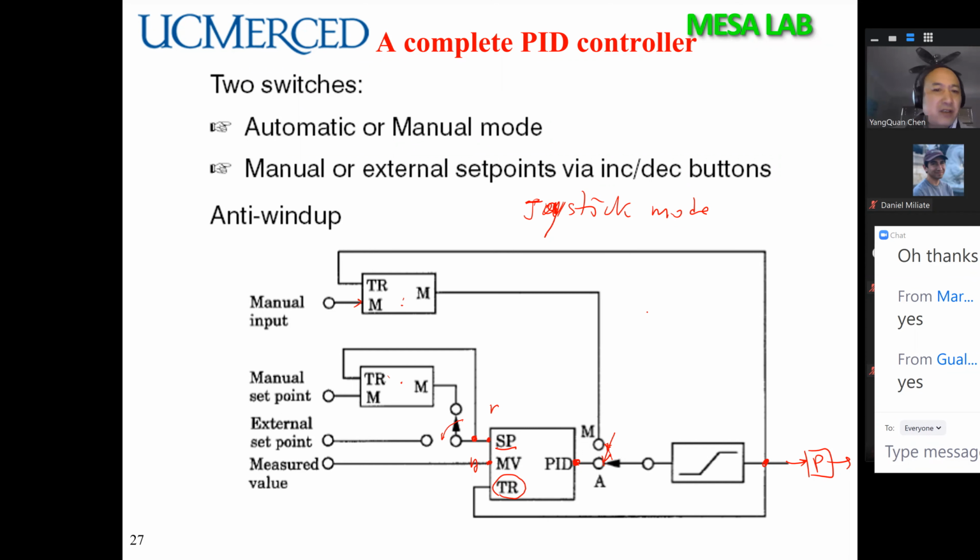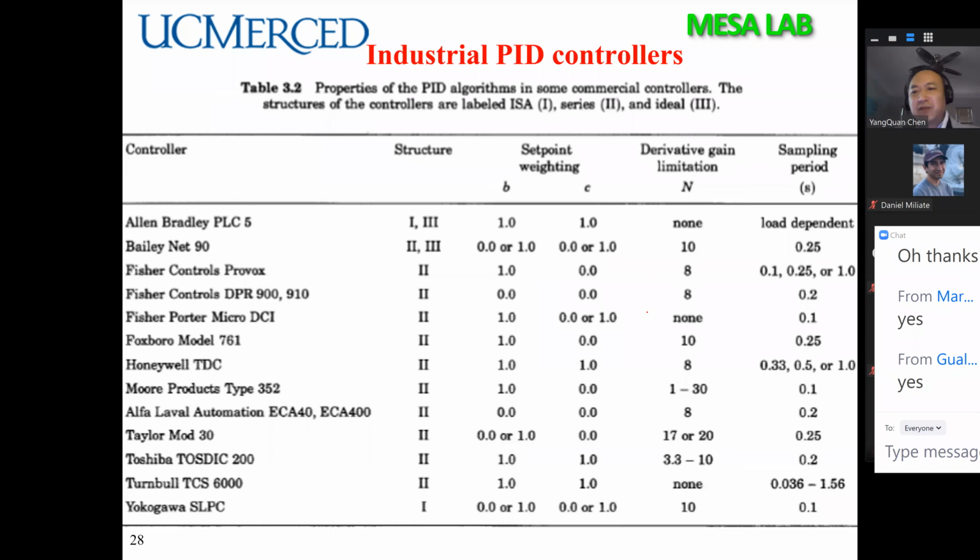For any of the commercial PID controllers you buy off the shelf, there are so many different companies. They have three different types: one is called Series, one is called Ideal, one is called ISA, International Society of Automation.